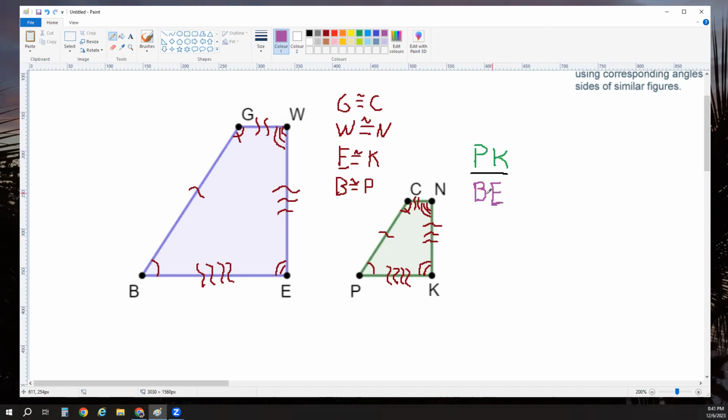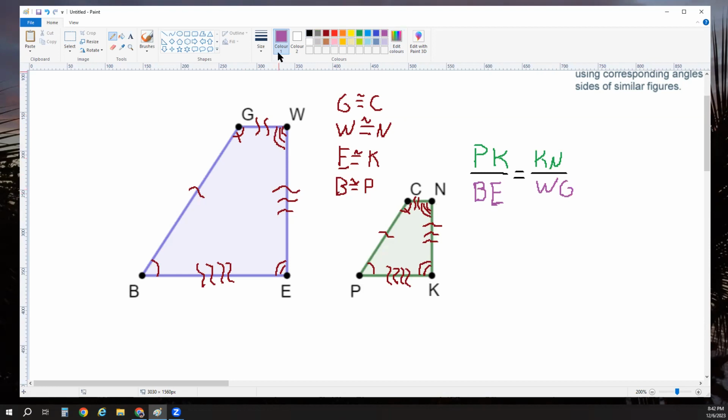And if I were going to set another set of proportionalities, I would have to pick another line segment on the small triangle and set it to the same corresponding line segment on the big triangle. So it would have to be like KN to GW or WG, because that's how I set it up to begin with.